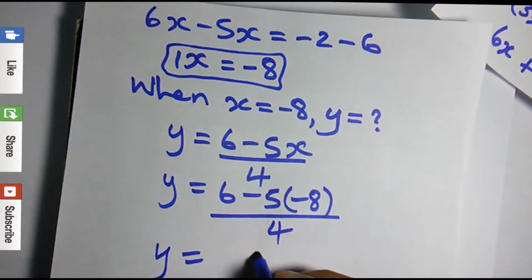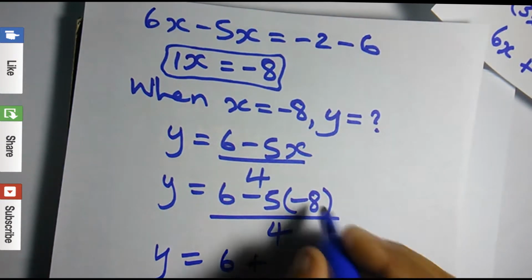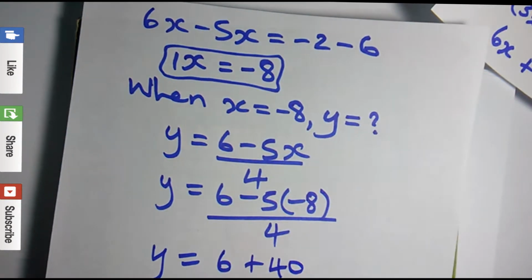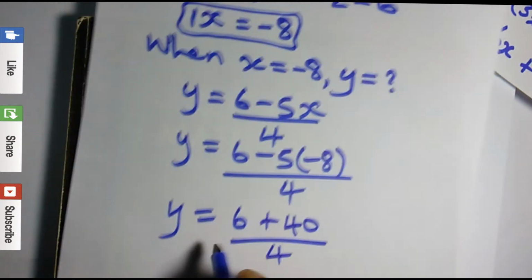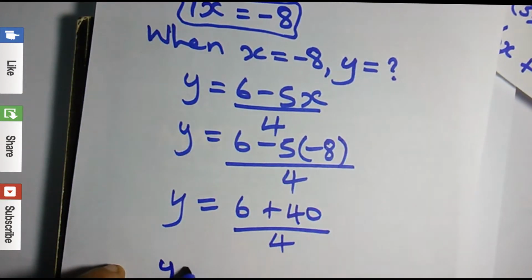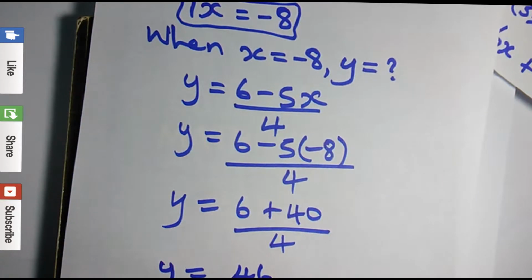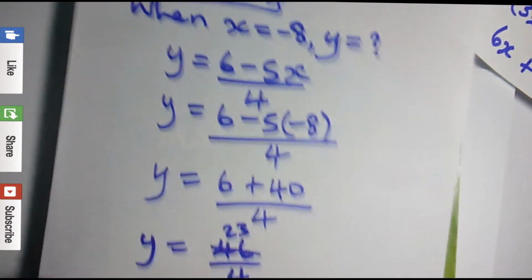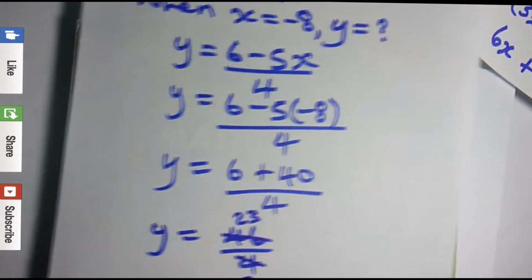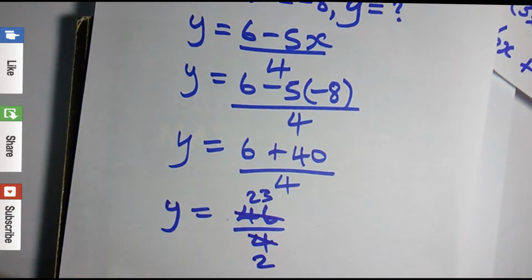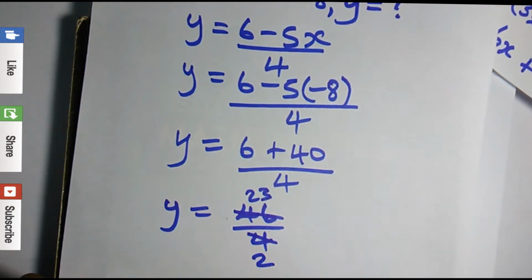Negative times negative is positive, so we have 6 plus 40, divided by 4. When we add the tops, we have 46 divided by 4, and we can break this down. 2 into 46 goes 23, and 2 into 4 goes 2. So our answers are x equals negative 8 and y equals 23 over 2.